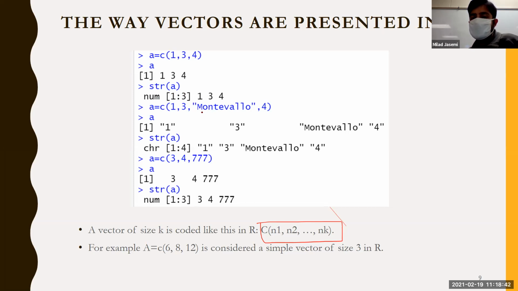When you put character type, when you put string type inputs in the vector, it is still capable of converting all of them to strings or characters, as you can see. When we print it, 1, 3, Montevello, 4. And when we ask about the structure, you see the structure is not numerical anymore.